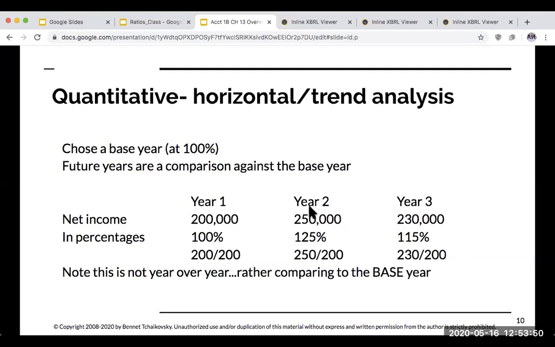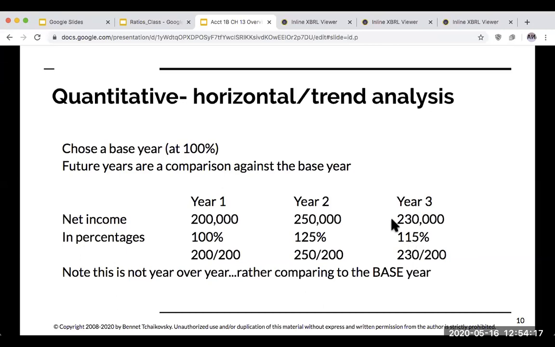So let's take a look at year two. Year two here is 250,000. In terms of a percentage, what percentage growth is this over year one? Comparing this to year one, it's grown by 25%, or that 50,000 difference. But let's look at year three. Some of you might be saying, well, wait a second.